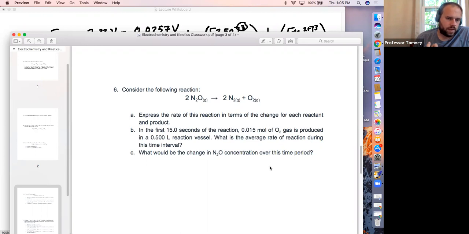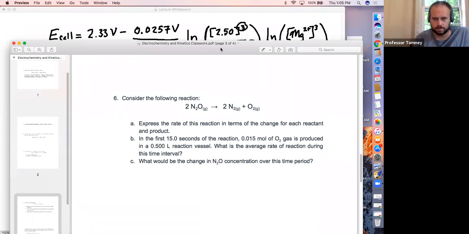And then C says, what would be the change in the reactant concentration over that same time period? So we're going to find the value for B, and then because we equate all of the values to one another in A, we can set up the relationship and solve for the reactant concentration in C. So that's how we're going to approach this.